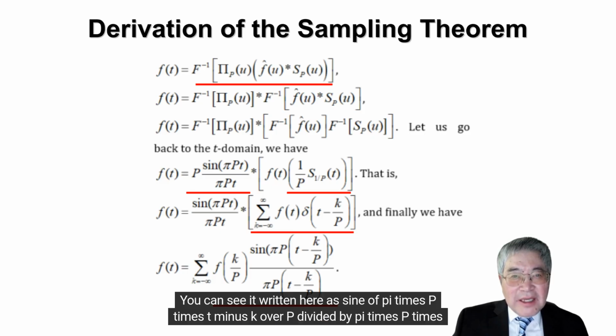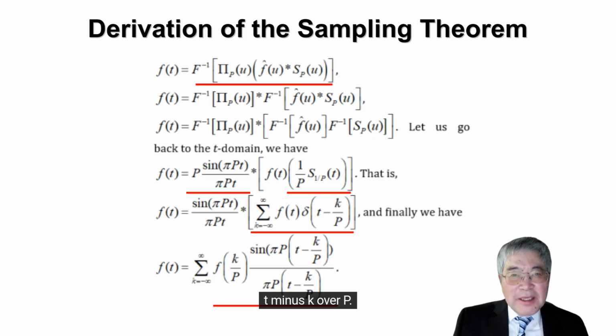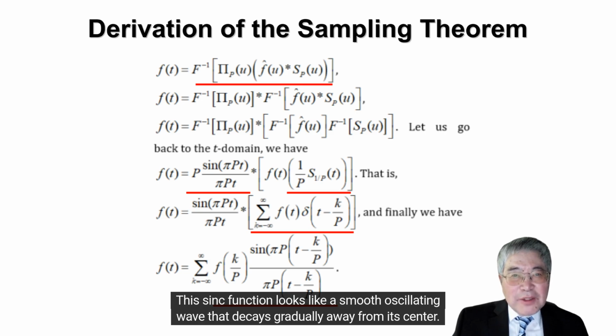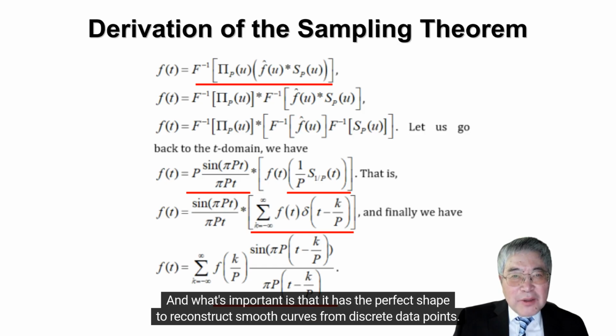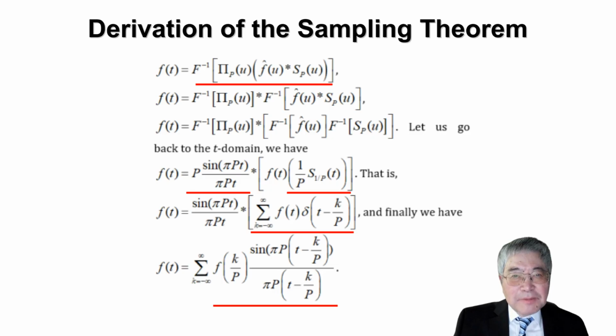You can see it written here as sine of pi times t minus k over p divided by pi times t minus k over p. This sinc function looks like a smooth, oscillating wave that decays gradually away from its center. And what's important is that it has the perfect shape to reconstruct smooth curves from discrete data points. Now here's the key idea.